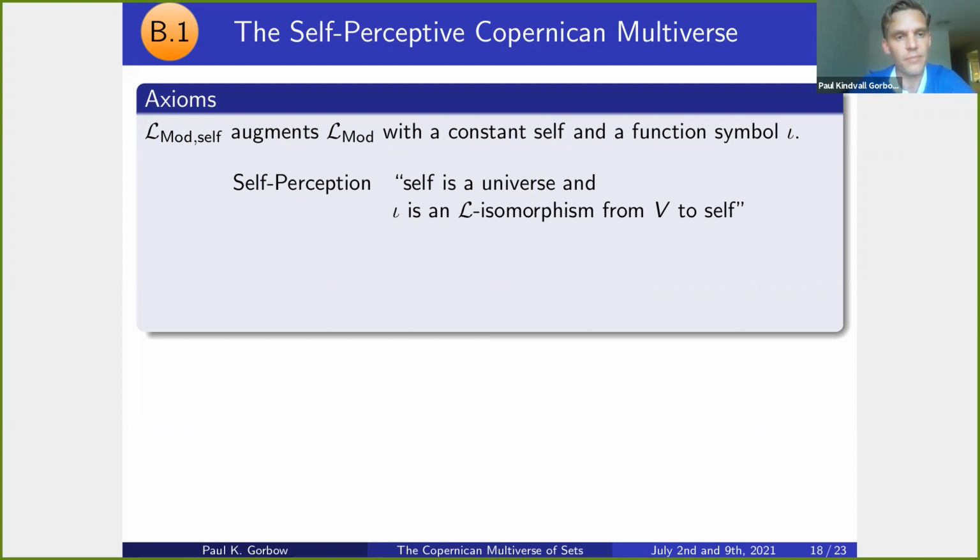And we have the mod predicate and the UNY predicate as well. But now we also introduce a constant self and the function symbol iota. And this self-perception axiom says that self is a universe and iota is an L-isomorphism from V to self.